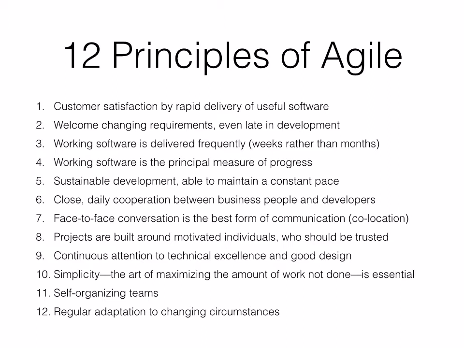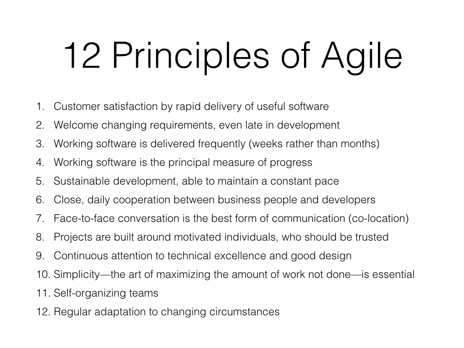This is, once again, more philosophical in nature. Customer satisfaction by rapid delivery of useful software is one principle. The development team must welcome changing requirements, even late in development, is another. Working software must be delivered frequently, in weeks rather than months.